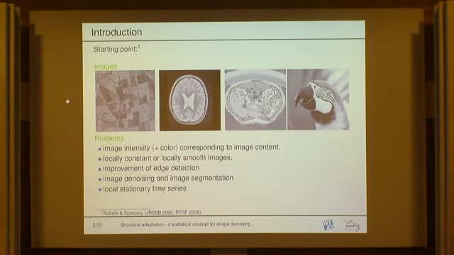So let's start with the observation that we had about 15 years ago. And that's, if you look at images, many of these images are characterized by regions of local homogeneity and discontinuities between these regions.